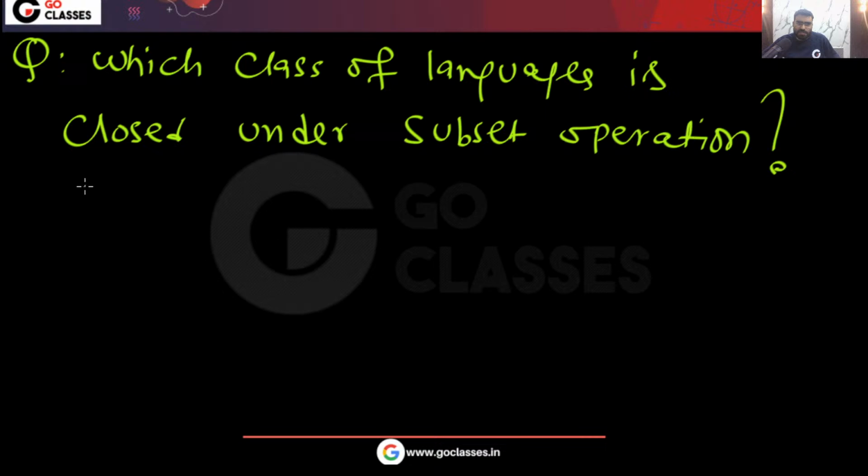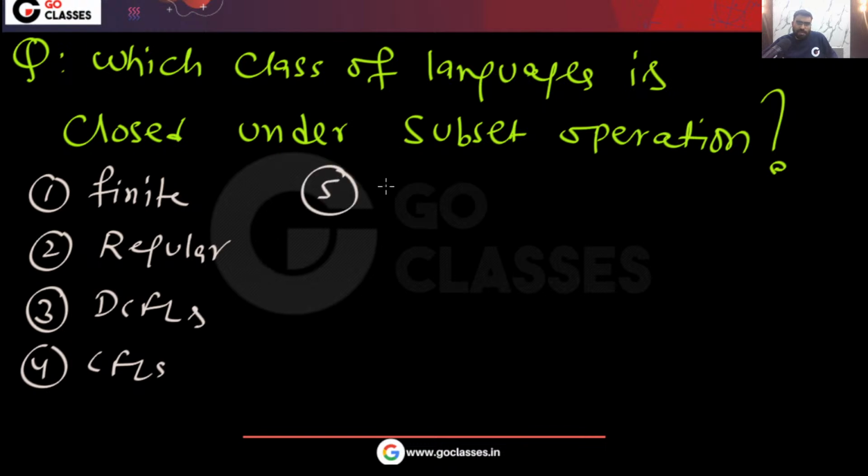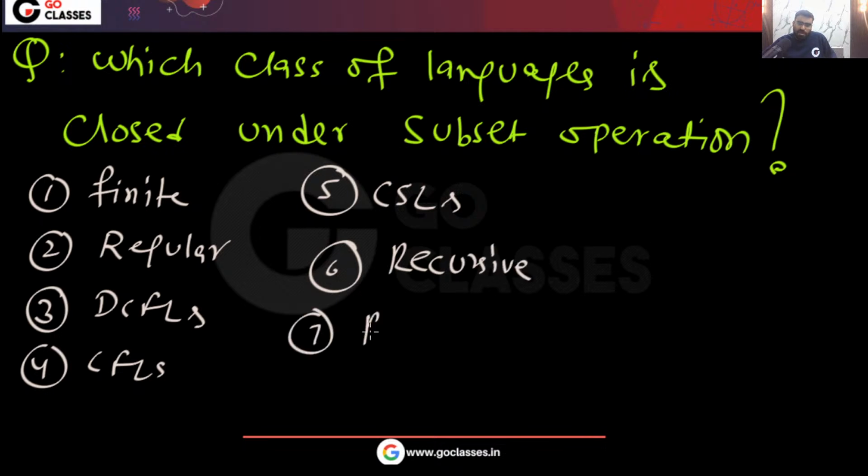Let me give you some options. First option, set of finite languages. Next option, regular languages. Next, DCFLs. Next, CFLs. Next, CSLs. Next, recursive languages, which are your decidable languages. Next, RE languages, which are your recognizable languages.